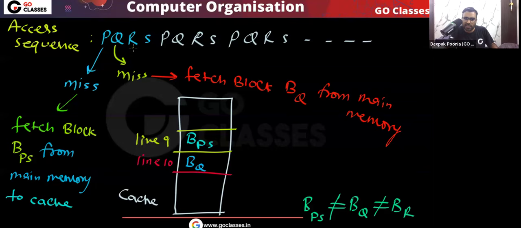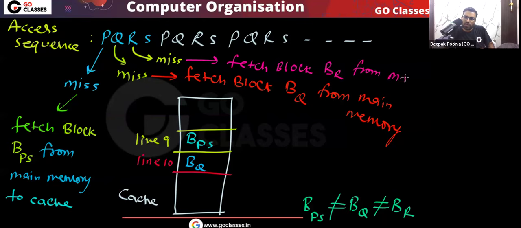When we access R, again there will be a miss, because remember R belongs to a different block. Q comma R, they belong to different blocks. So this is also a miss, because the block containing R is not in the cache. If there is a miss, we again fetch the block containing R from main memory.